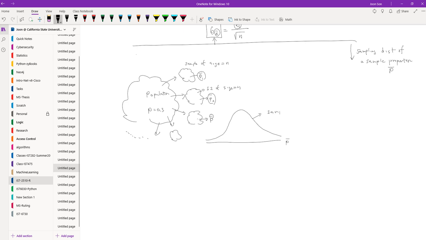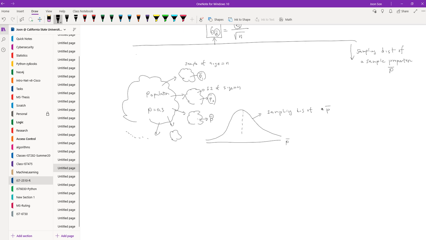So this graph is the sampling distribution of sample proportions, which is P bar.